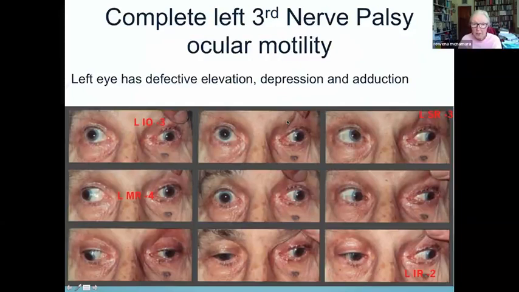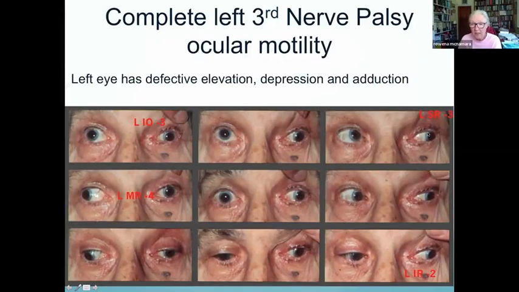When we look up, we're testing the muscles of both eyes. We're testing the superior rectus action. As you can see, his left eye is not going up. So he has defective elevation. To test the superior rectus in its primary gaze position, we make the eyes move outwards by 23 degrees.